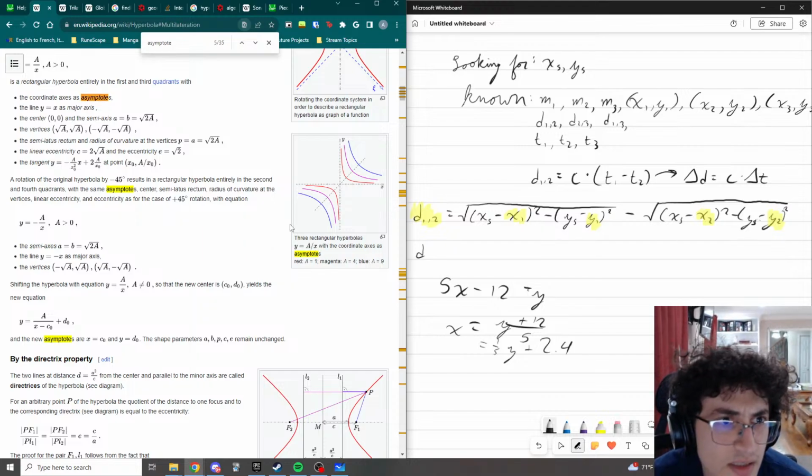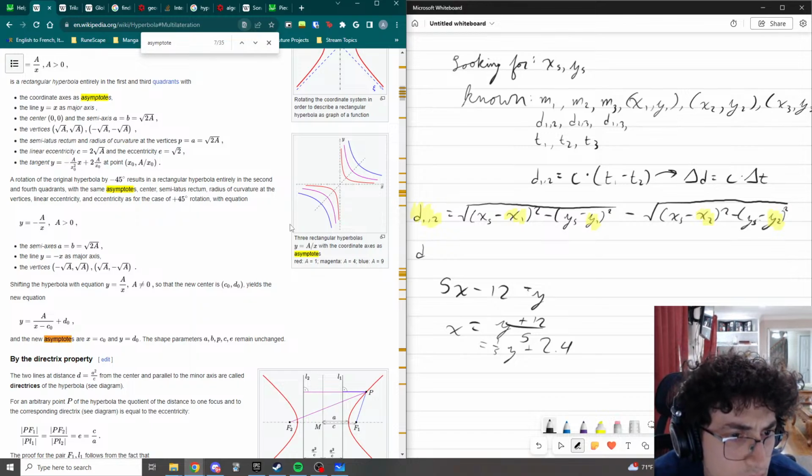With the coordinate axes as asymptotes, yields a new equation.